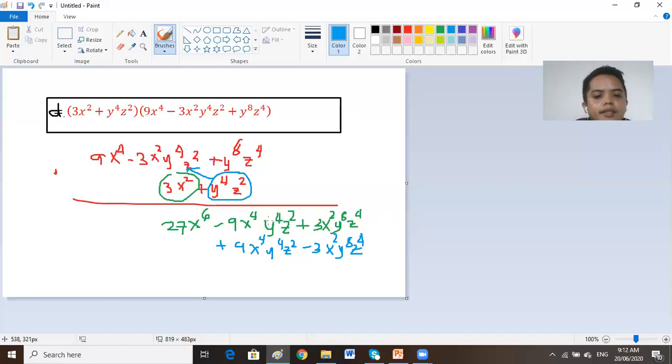And then lastly, this one. You multiply y^8 z^4 by y^4 z squared to get y^12 z^6. So this is plus y^12 z^6. So check first the choices, y^12 z^6.